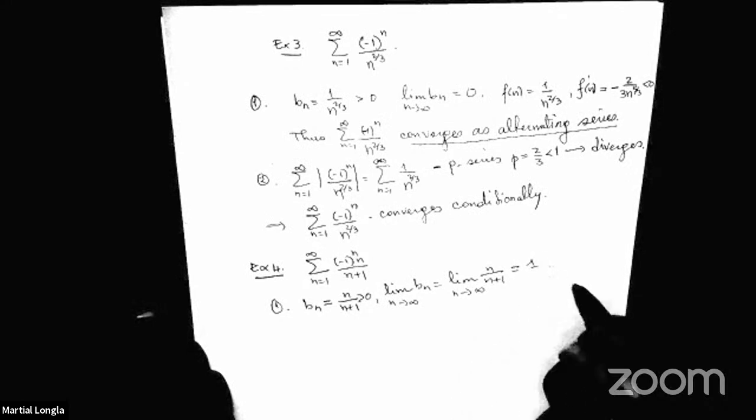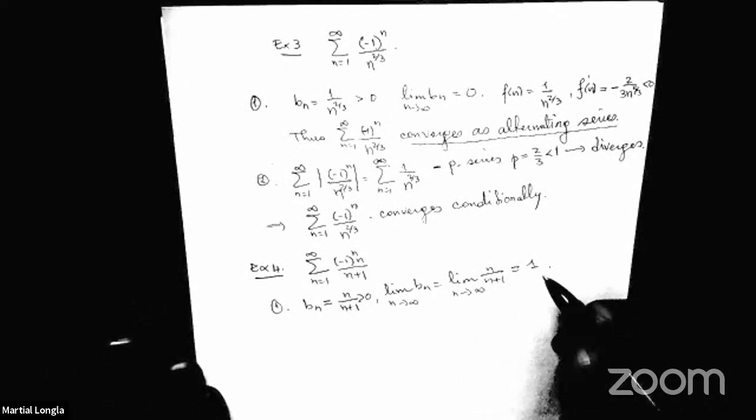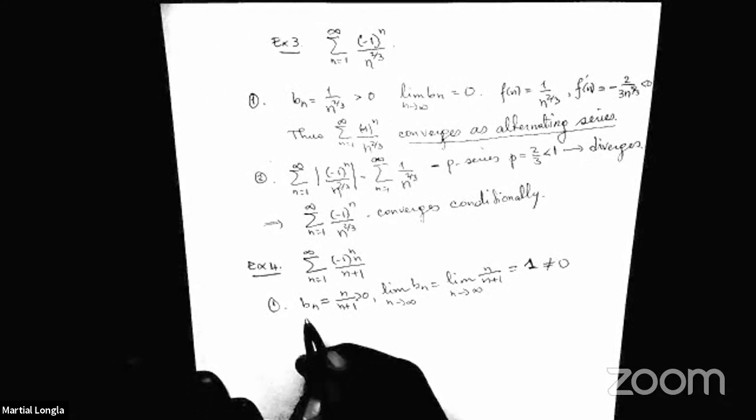That's 1. And how do we decide when the limit is not equal to 0? We don't even need to check that it is decreasing at this point. We know this limit is not 0. What do we conclude? It diverges. The series diverges by the divergence test.